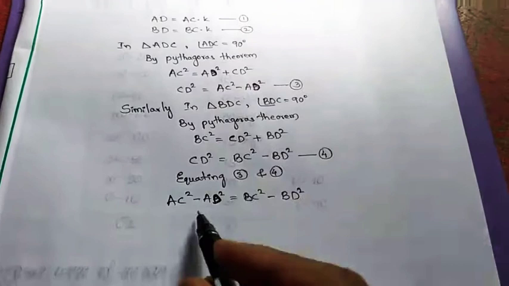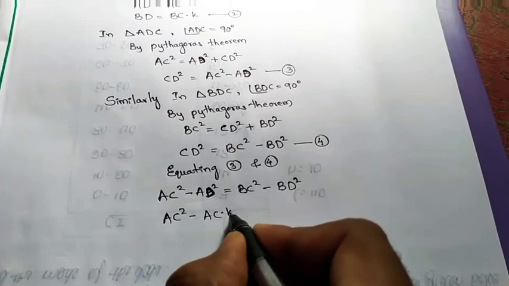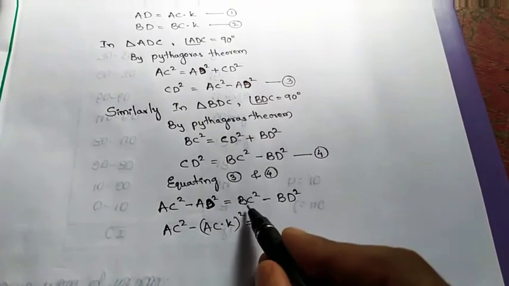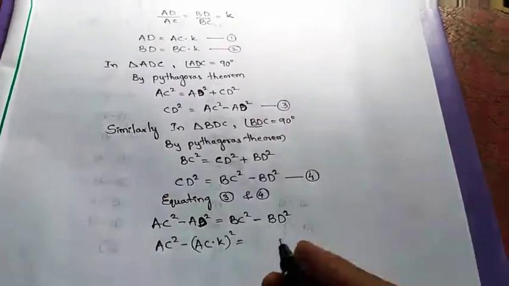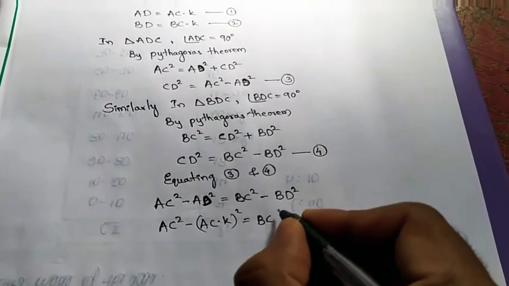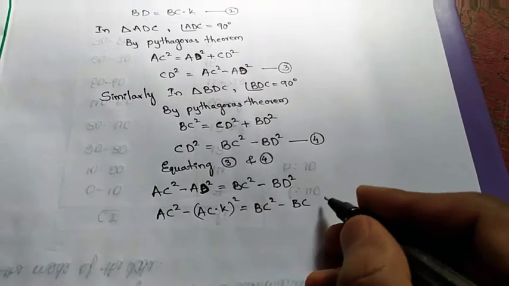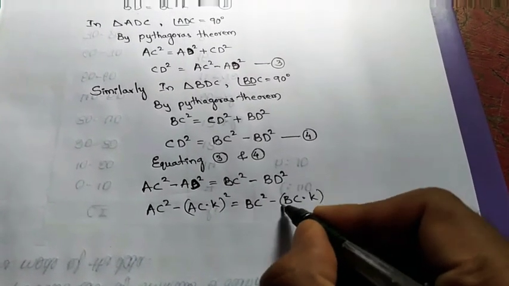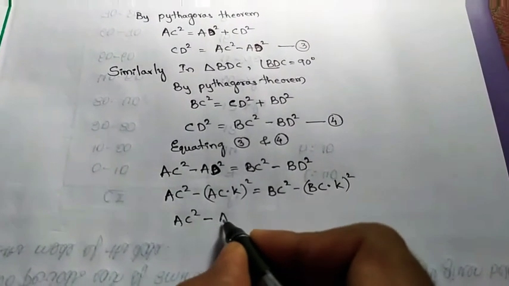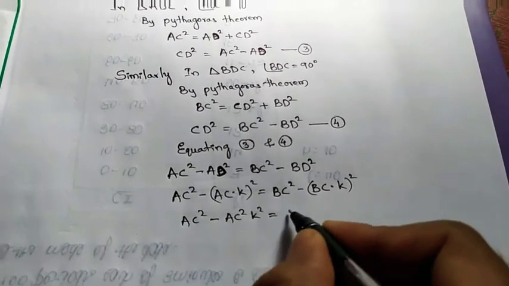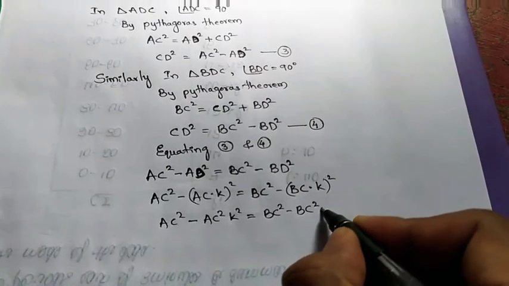AD equal to AC into K. So AC square minus AC into K whole square equal to BC square minus BD square. What is BD here? BC into K. So that is BC square minus BC into K whole square. So it will be AC square minus AC square K square equal to BC square minus BC square K square.